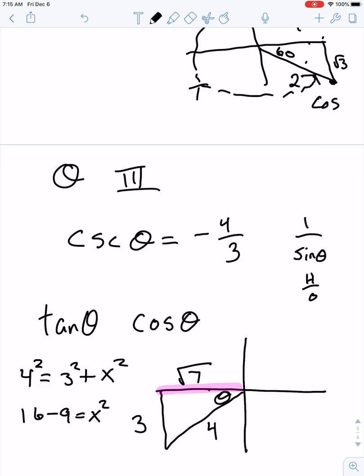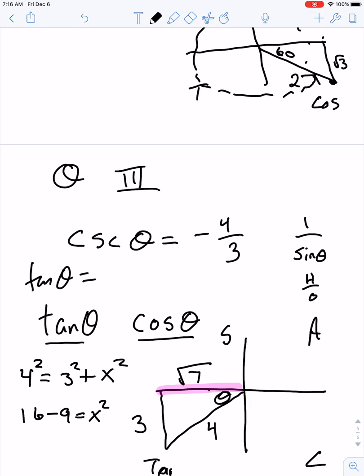So before we look at these ratios, we want to think about, okay, what's positive in the third quadrant? All students take calculus. So in the third quadrant, tangent is positive. So I know my answer to tangent is going to be a positive answer.